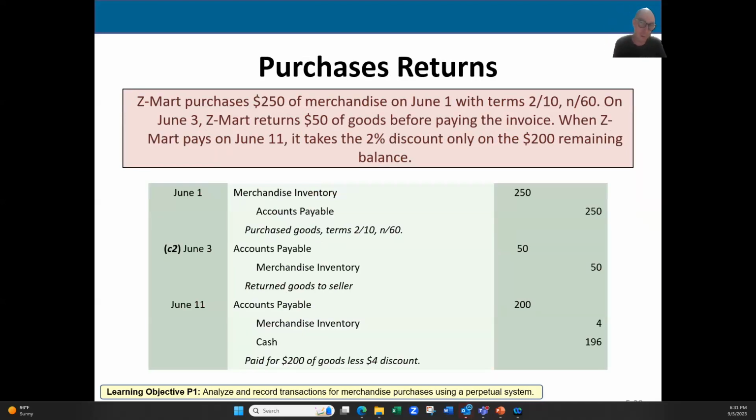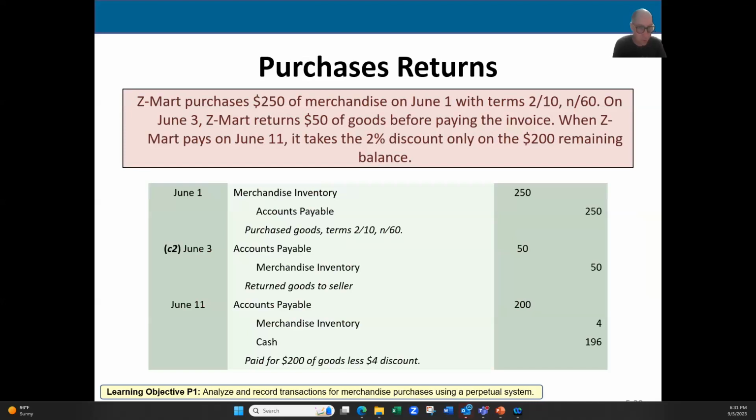Continuing the theme, our company purchased $250 worth of merchandise on June 1st with credit terms 2% discount if we pay within the first 10 days. Otherwise, the whole bill is due within 60 days. That's nice.